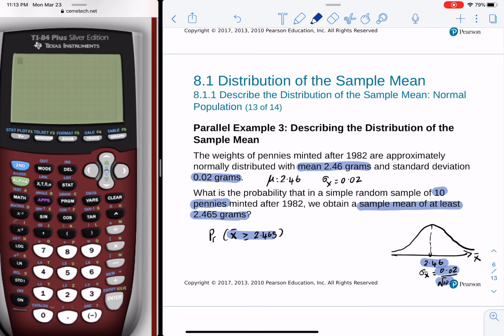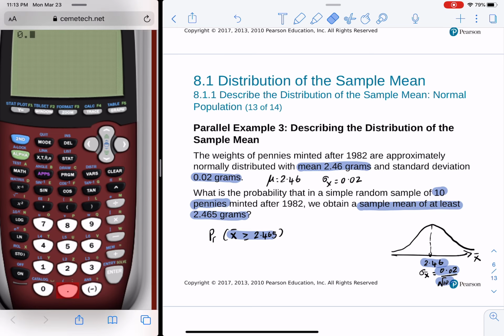Let us find the standard error first. It is 0.02 divided by square root of 10, which gives us 0.0063 grams. This is for the average of the 10 pennies, not a single penny. So, as you can see, the original standard deviation was 0.02, but the standard error is 0.0063. Now we can find probabilities the usual way.